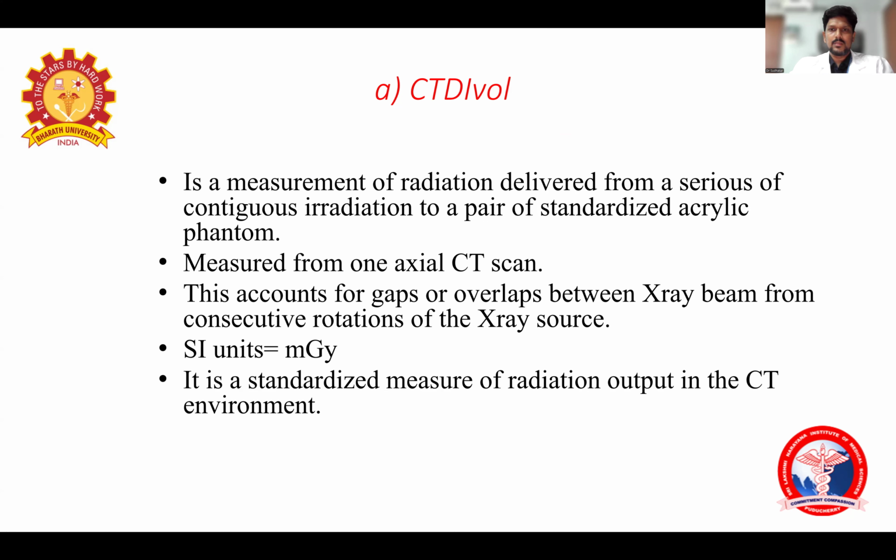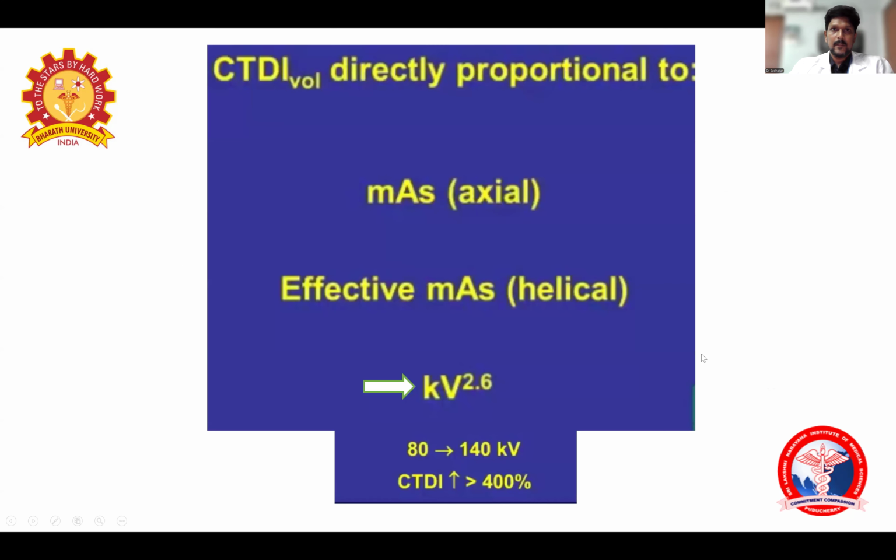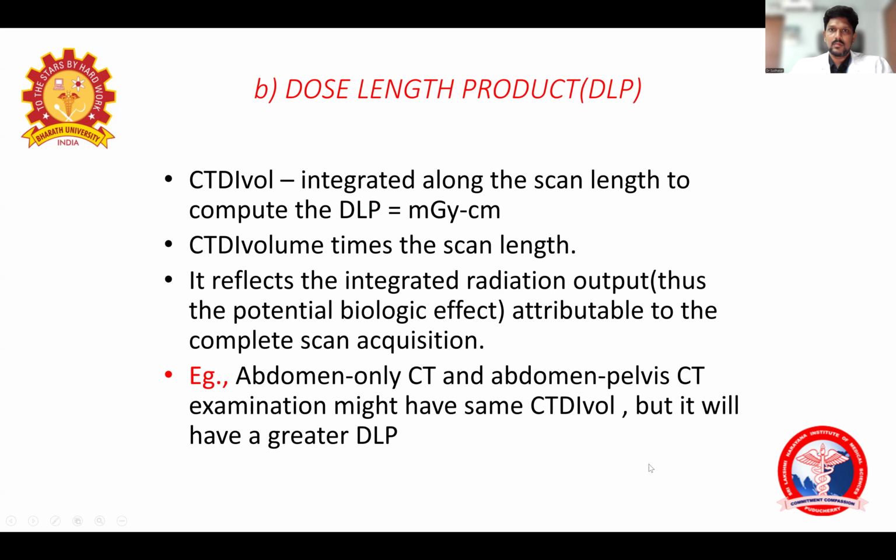It is a standardized measure of radiation in the CT environment. CTDI volume is directly proportional to the mAs. The effective mAs is used in helical scanning, which gives us the kV value. CTDI volume increases exponentially when the tube current is increased.